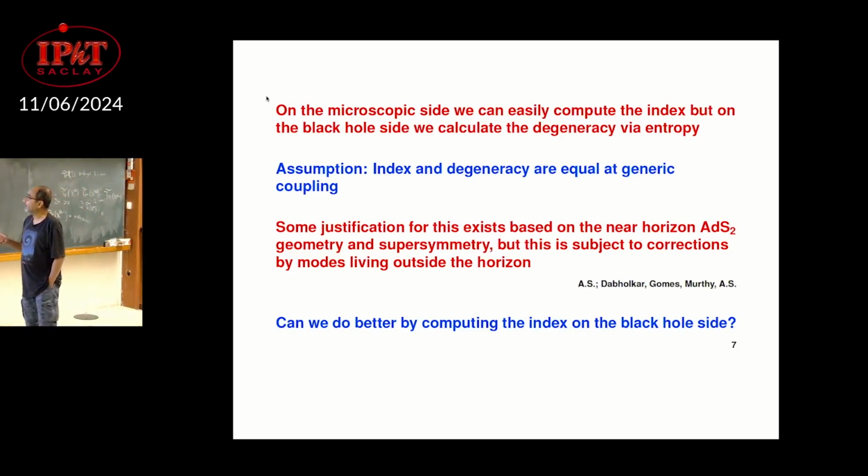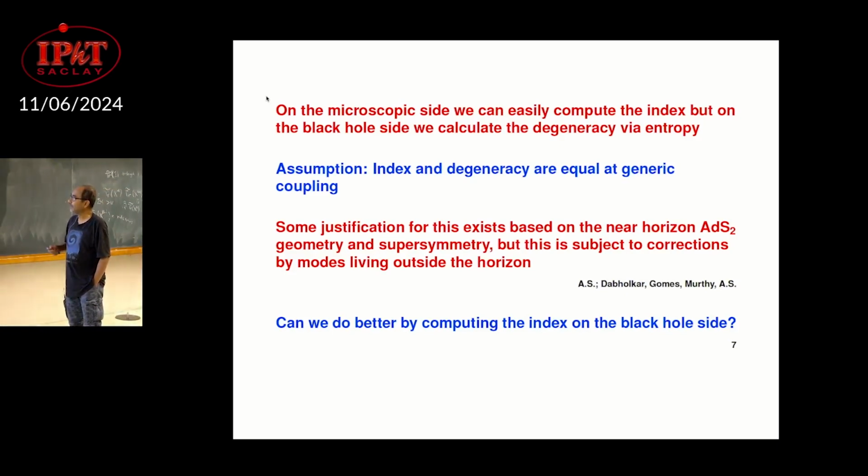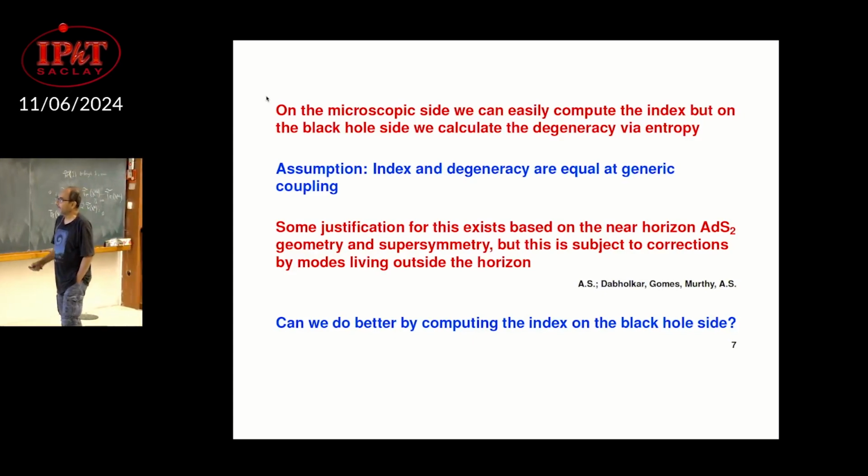But on the black hole side, of course, we know how to calculate the entropy, and entropy measures degeneracy, not the index. And here the assumption that is typically made in this comparison is that index and degeneracy are equal at generic coupling. So even though on the black hole side we calculate the degeneracy by entropy, we expect that at a generic coupling that is the same as the index, and hence we can compare the two.